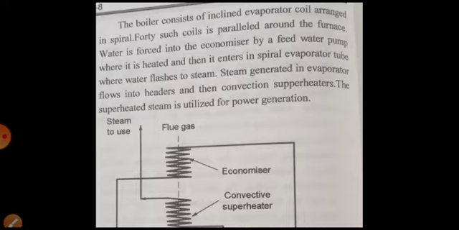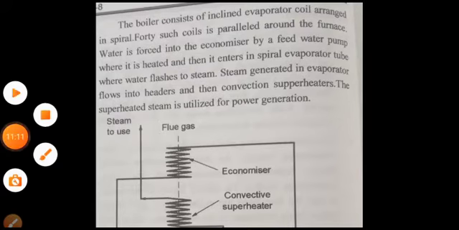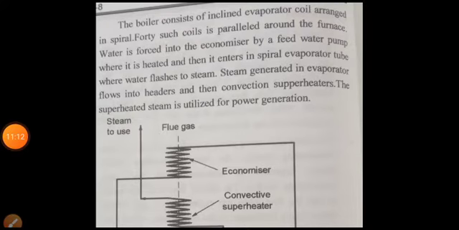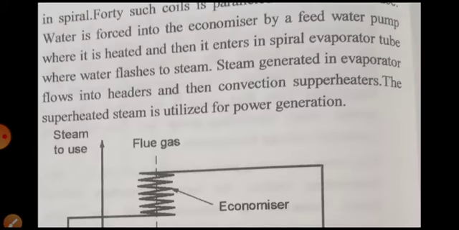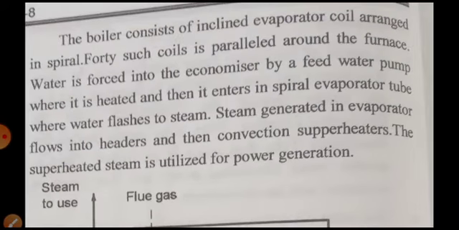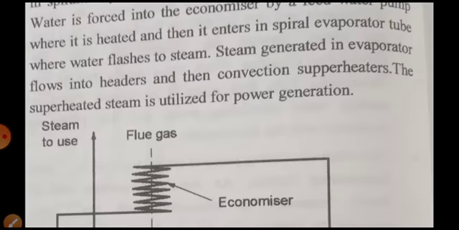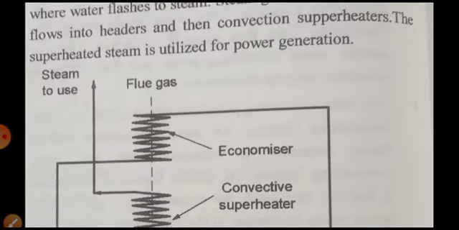Water is forced into the economizer by a feed water pump, where it is heated and then it enters the spiral evaporator tube, where water flashes to steam. Steam generated in the evaporator flows into the heater, and then the convection superheater superheats the steam for utilization in power generation.